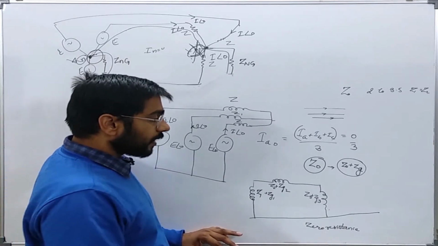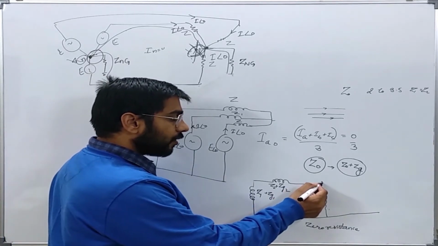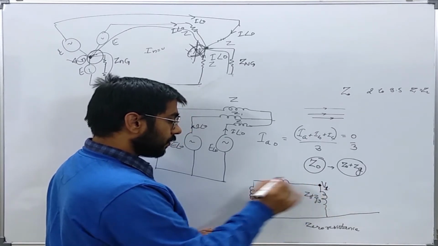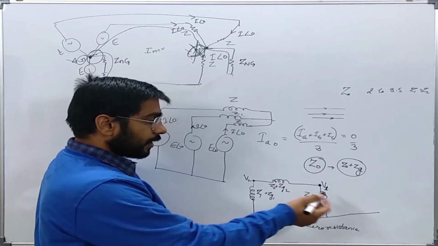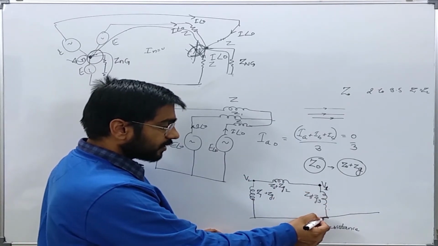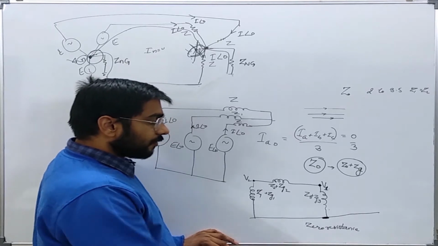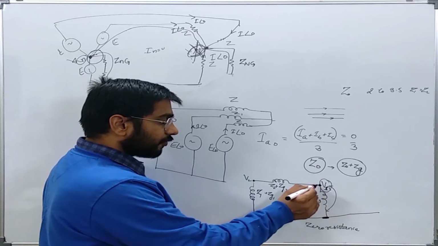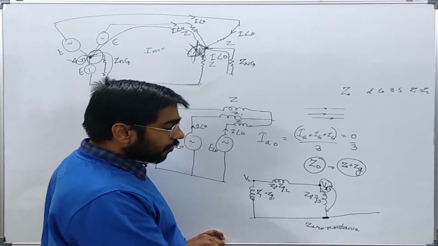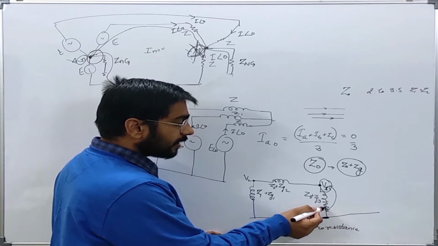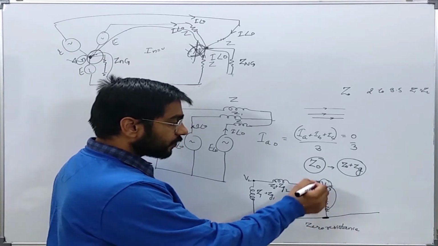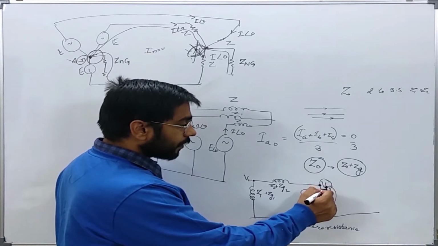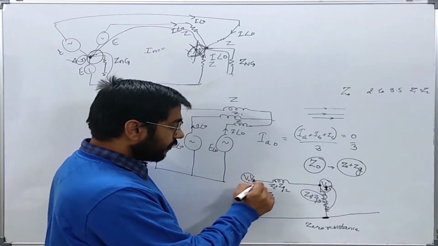So at any point, if I want to find any voltage with reference to this reference bus, what will it give? It will actually give the voltage of this point to the ground, since the effect of ground is already considered in this impedance. So this voltage drop will have the effect of ground also. So this point or any point, what will it give?